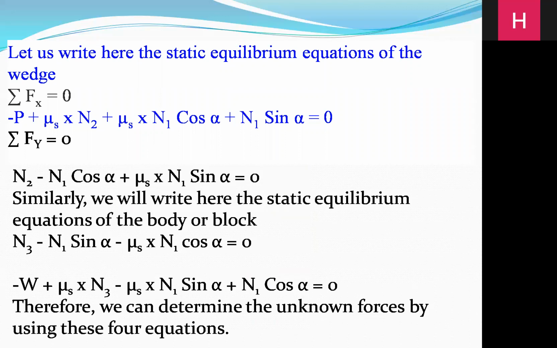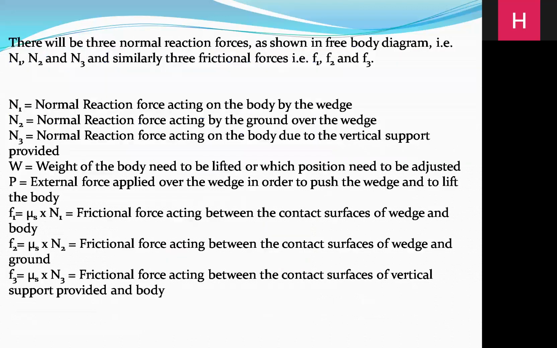The final equation is minus W, the weight, plus mu s into N3 minus mu s into N1. Here mu s N3 is the support provided to the body, and mu s into N2 is between the wedge and the ground.